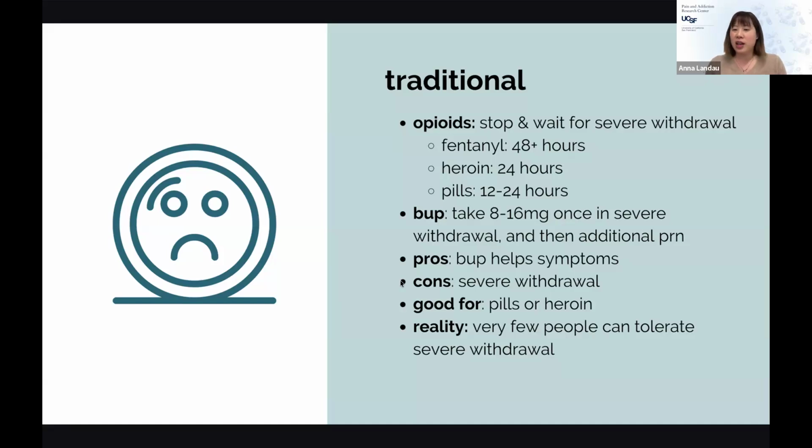At that level of withdrawal, especially if you're unhoused, facing a lot of structural challenges, it can be almost asking the impossible of people. It is particularly good for people who are using prescription pills or heroin, just because the withdrawal syndrome doesn't tend to be as intense or severe. As we mentioned, a lot of people don't feel like they can actually tolerate that level of severe withdrawal, and therefore the other methods are sometimes much more appealing to them.